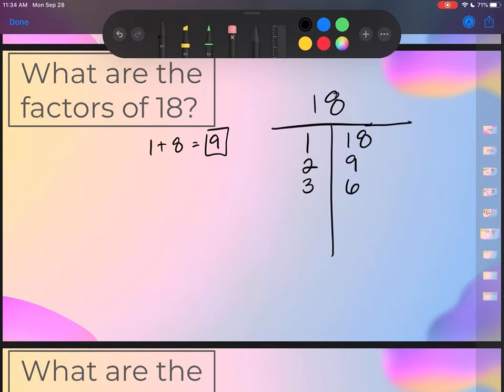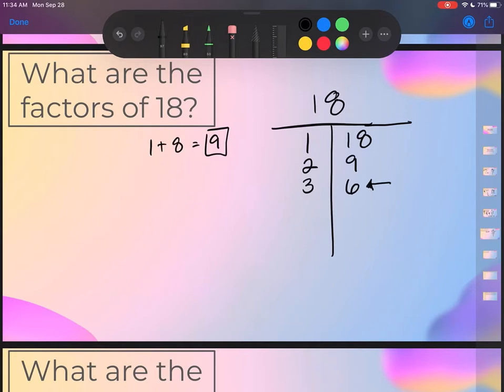What about 5? In order for a number to be divisible by 5, it has to end in a 5 or a 0. 18 ends in 8, so it's not going to be divisible by 5. Our next number would be 6, but 6 is on this side, so we know that we are done. We've exhausted all of our factors, because you will never have a factor that continues up on the other side past 18, because 1 and 18 are your extremes. 1 is the smallest factor you can have. 18 is the largest factor you can have.